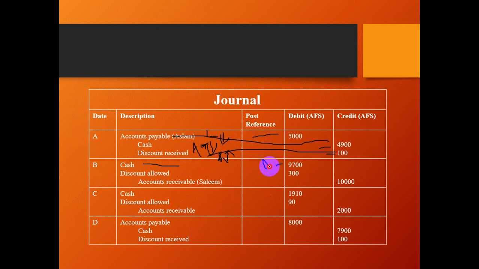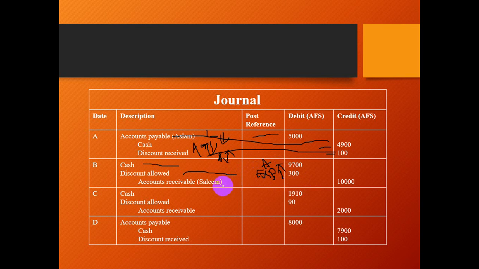So this is my asset, right? On the other hand, discount allowed. That is an expense for me. If I am giving a discount to someone, that is an expense increase. When expenses increase, it has a debit balance, right?